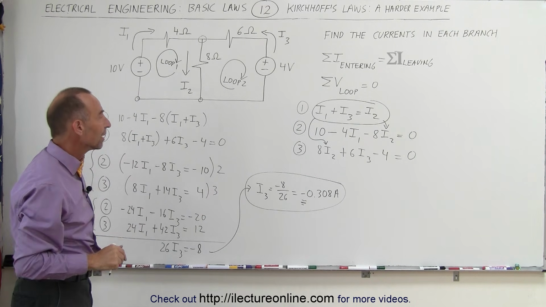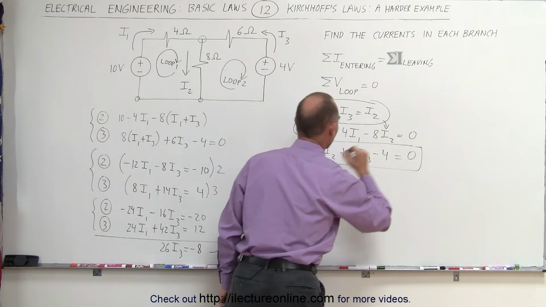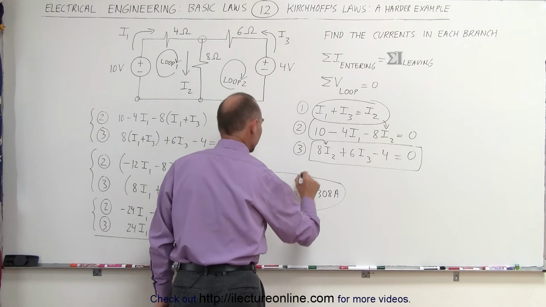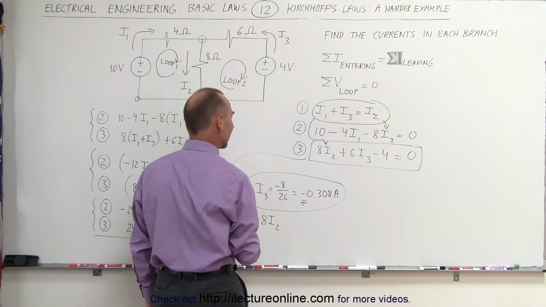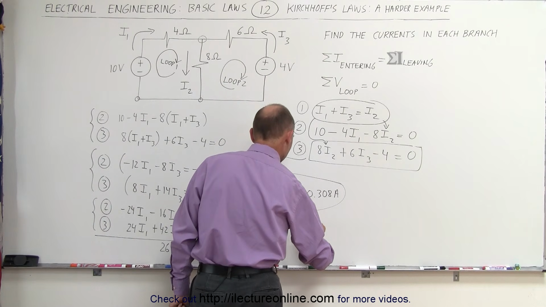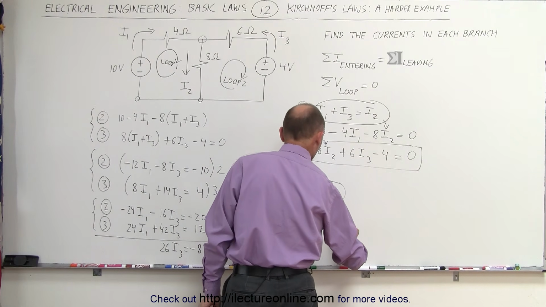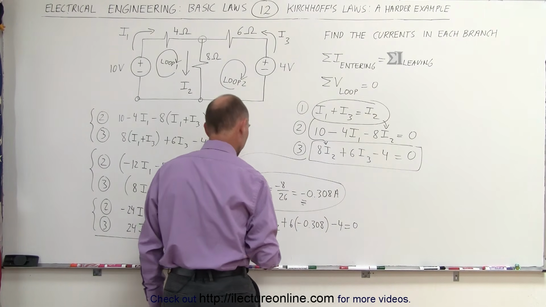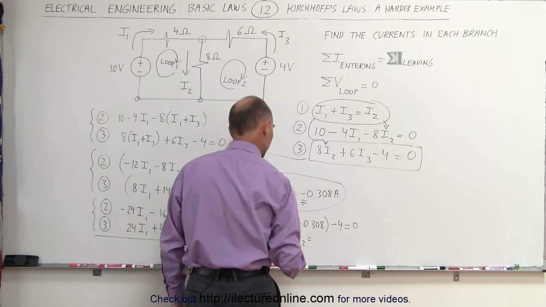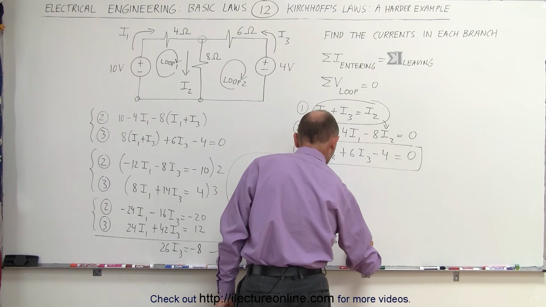Now we need to solve for I2. Let's use this equation right here to solve for I2. Taking this equation over here, 8 times I2 plus 6 times I3, which is a negative 0.308, minus 4 equals 0, which means that 8 I2 is equal to a positive 4 plus 6 times 0.308.